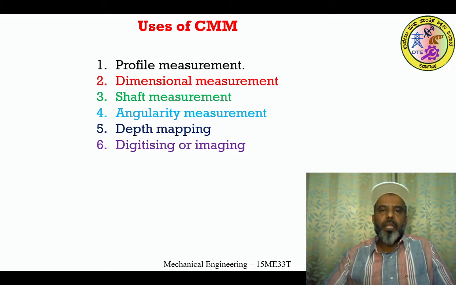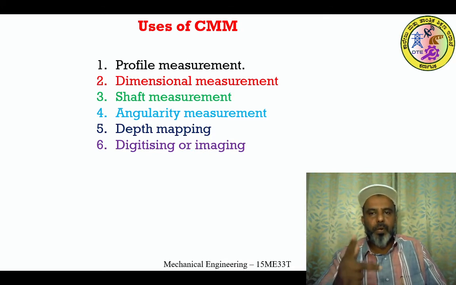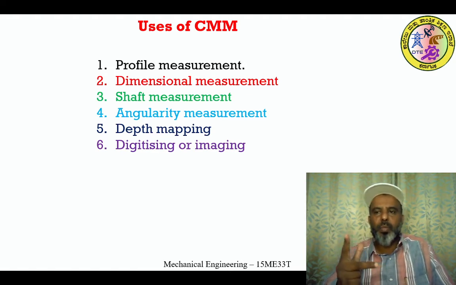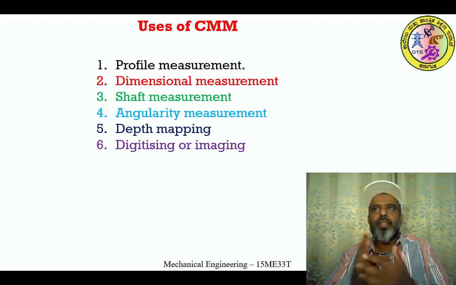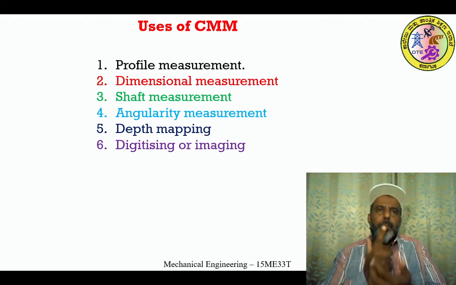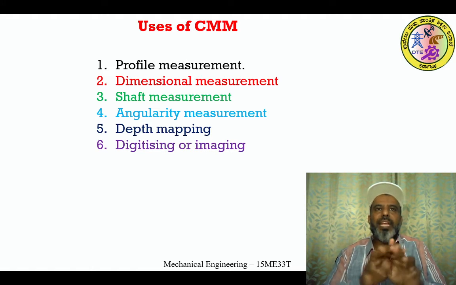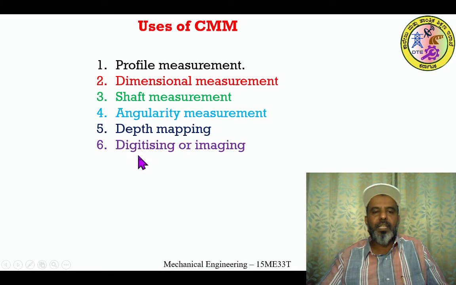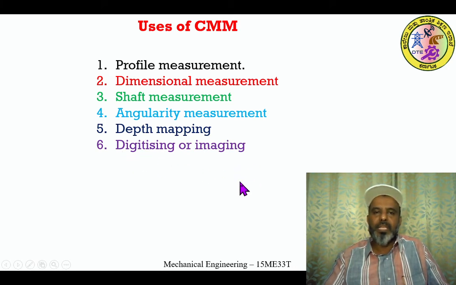As we know, CMMs have three mutually perpendicular axes, and on these three perpendicular axes transducers are mounted, and these transducers give a digital display, or the values are easily recorded. At a particular point, all three x, y, z coordinate values are given, and collecting all this data in software, we can create a surface, that is referred to as digitizing or imaging. These are the major important uses of the CMM.